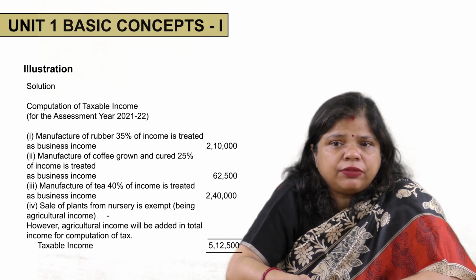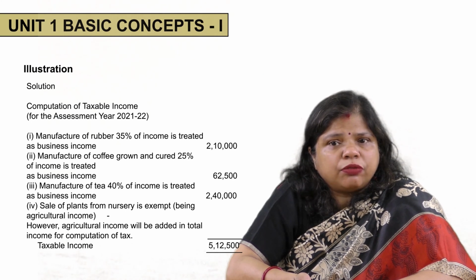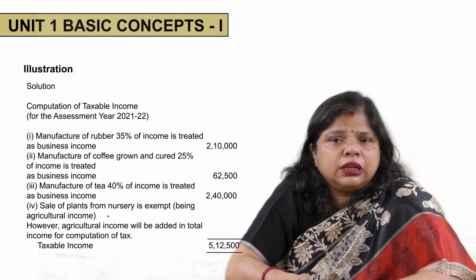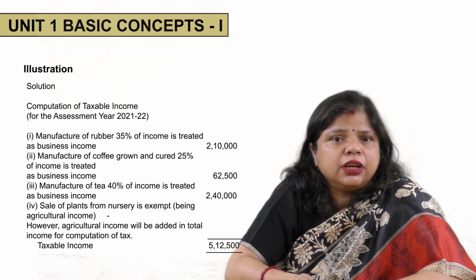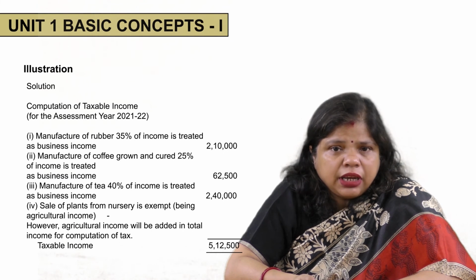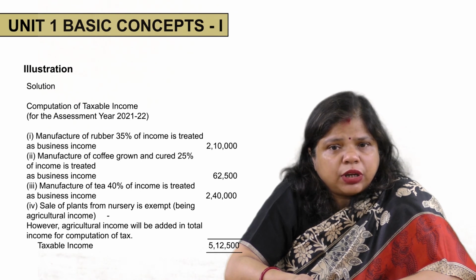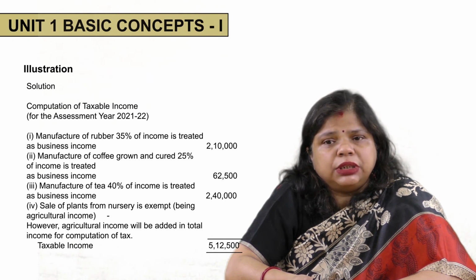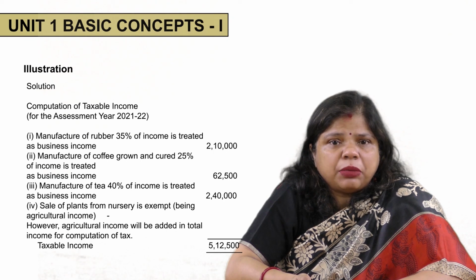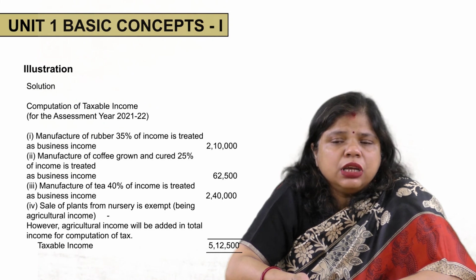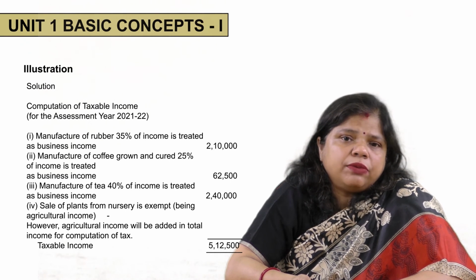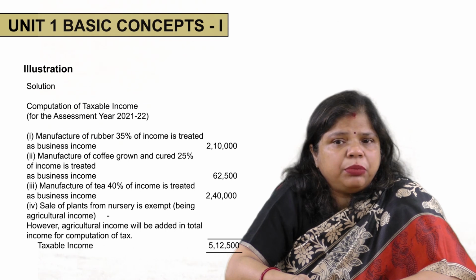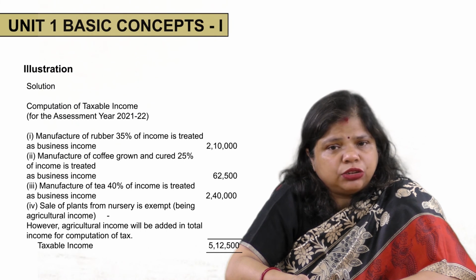Coffee income is 2,50,000, and 25% of it is 62,500. Then manufacture of tea, 40% of income is treated as business income. Here the income is 6 lakh, so 40% of 6 lakh is 2,40,000. Sale of plants from nursery is exempt because it is an agricultural income.